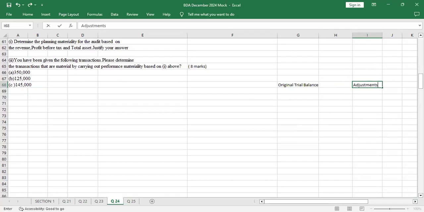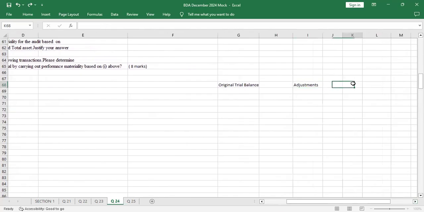Then we'll have the adjusted trial balance.